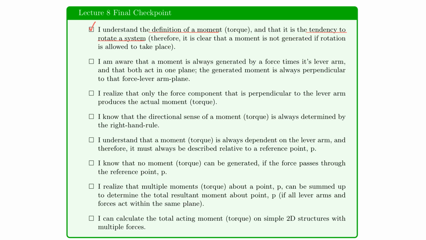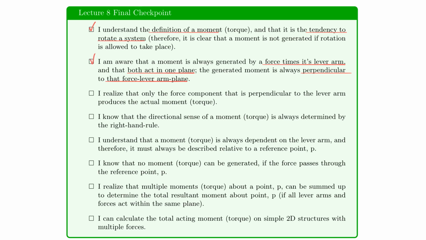We definitely understand that. We are also aware that moments are always generated by a force times its lever arm, and that both of these, the force and the lever arm, have to act in the same plane to generate a moment that is perpendicular to that force lever arm plane. And today you did not really have to worry about this.